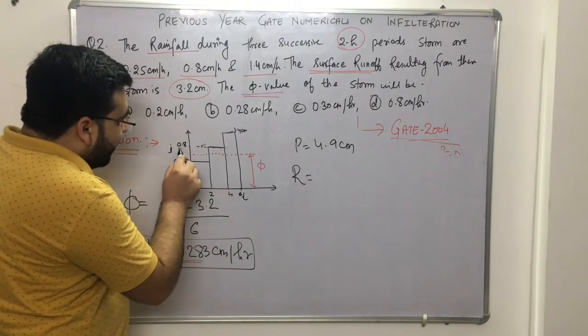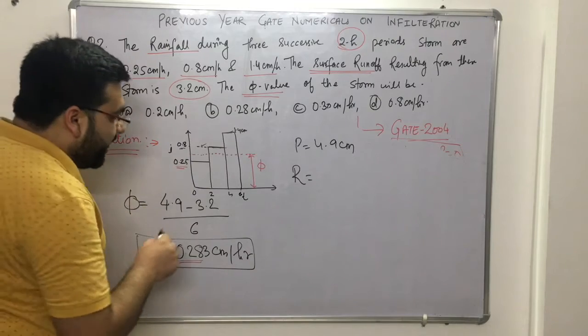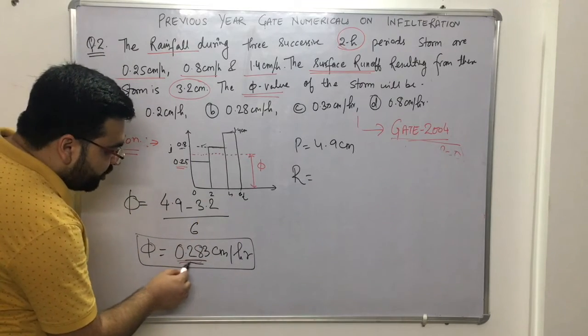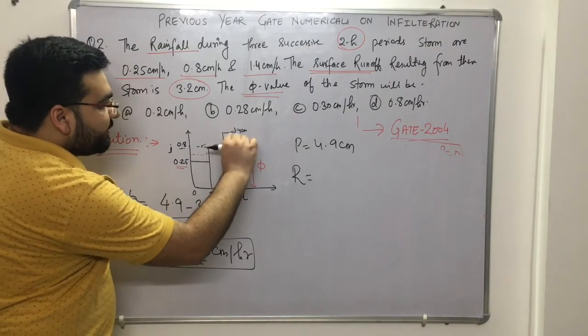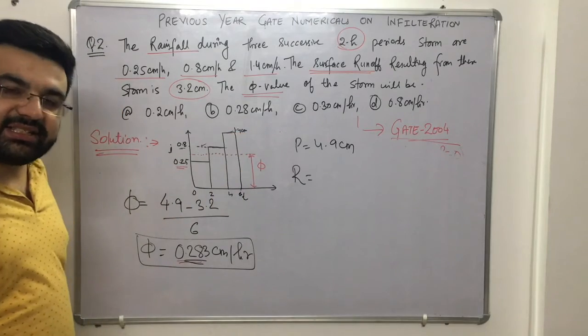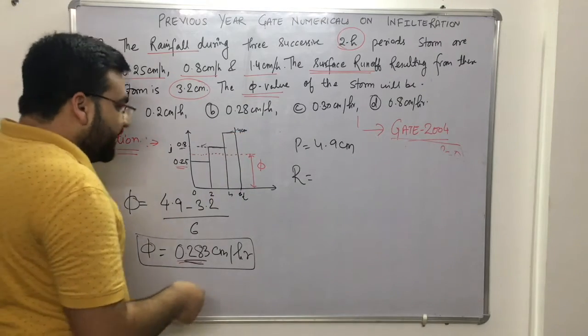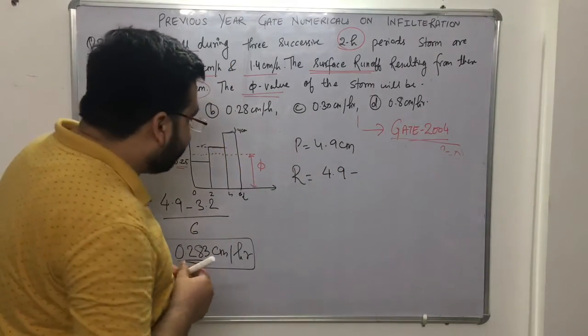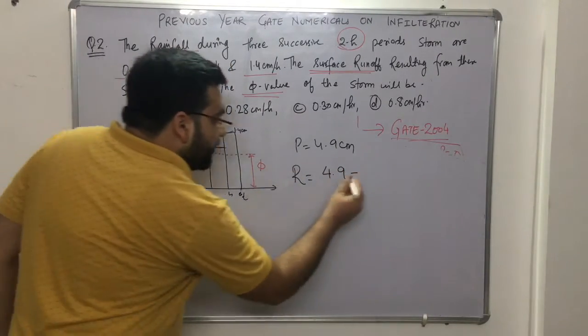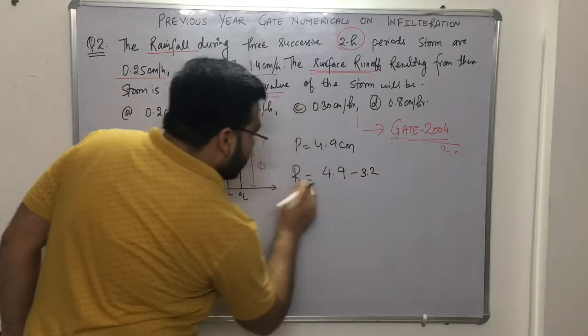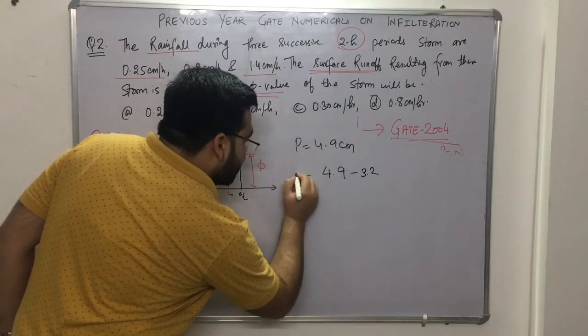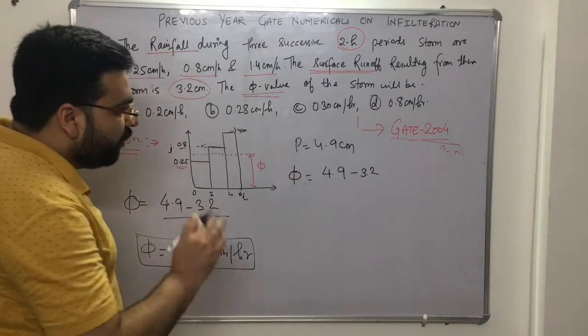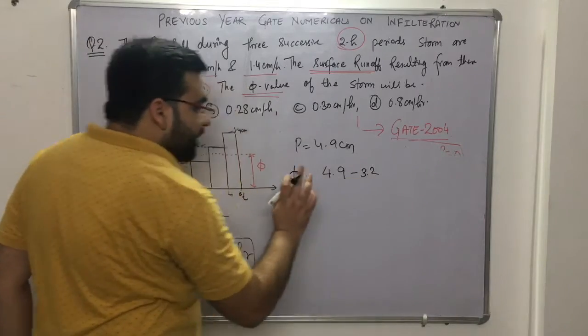Now how much will be the runoff? Now this is 0.8 centimeter per hour, and 0.283. So if I subtract this much of value, I will be getting the answer. Simple, right? So it will be equal to 4.9 minus, now 3.2 is the runoff. This is not R, this is phi. The actual phi index will be equal to 4.9, that is P, minus runoff.